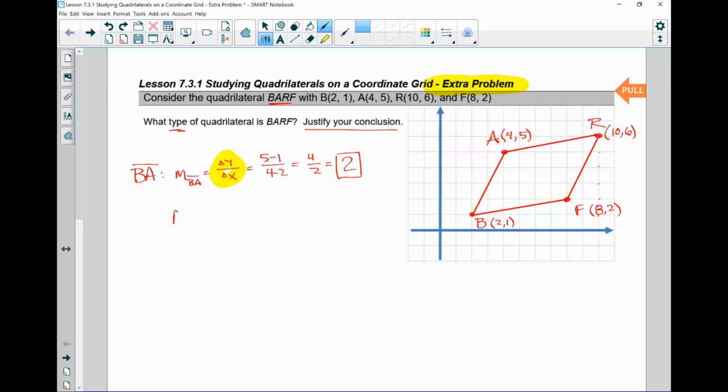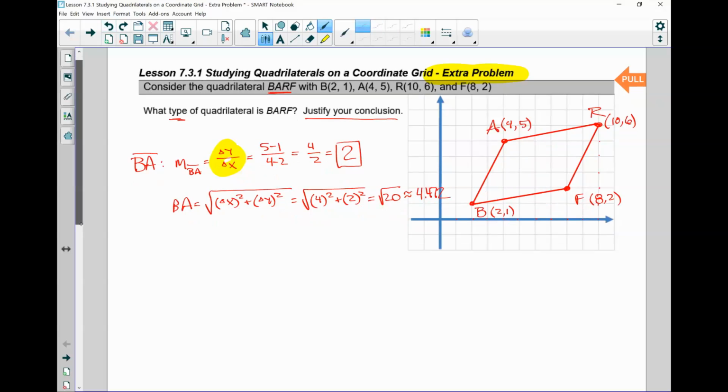Okay, let's move on to the length of segment BA. Again, the distance formula was used. It's the square root of x squared plus y squared, and really that is just the Pythagorean theorem rearranged, because we can make a right triangle on the graph and find the length of the hypotenuse with the Pythagorean theorem. All right, now I'm going to rip through the rest of these calculations really fast.